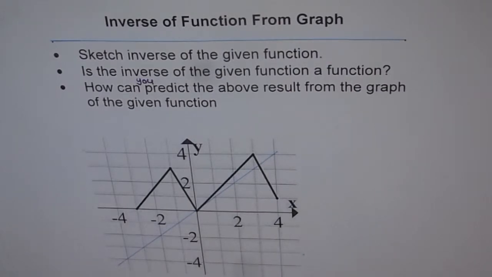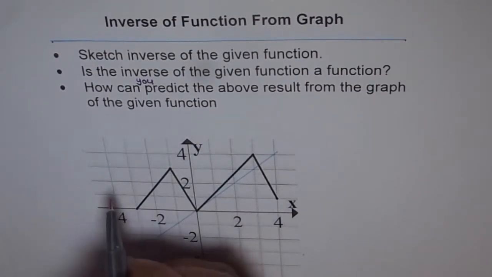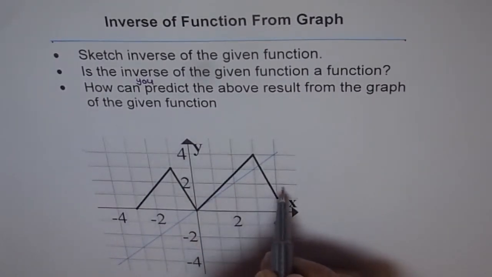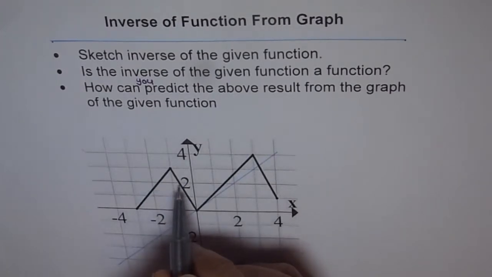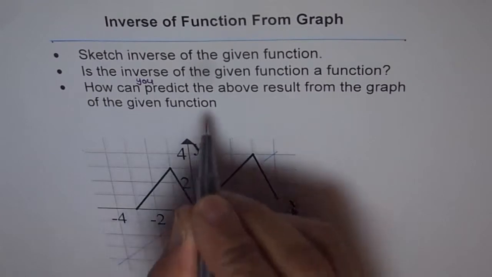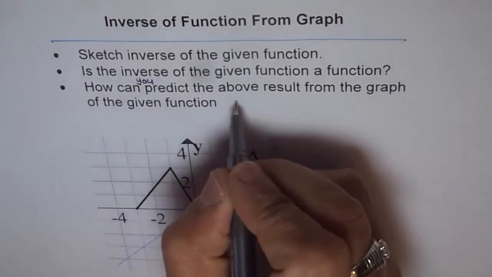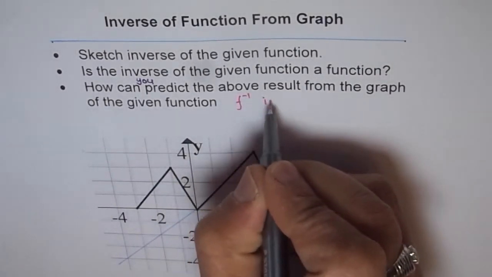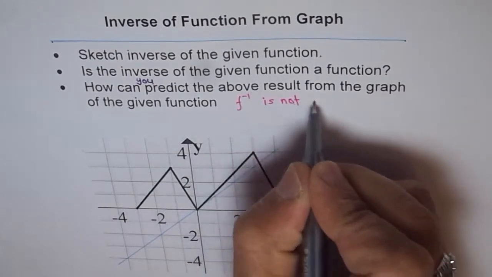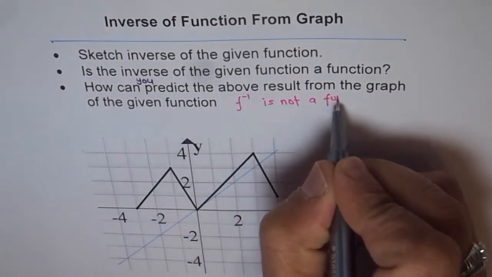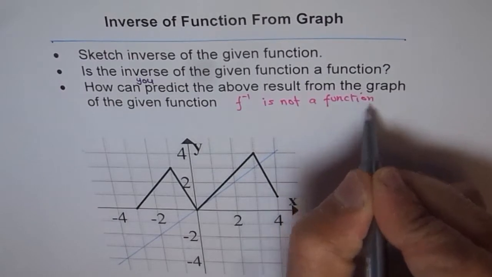Now what is the test to figure out that the inverse will be a function? The test is the horizontal line test. So if you draw a horizontal line and it strikes at more than one point, then the inverse is not a function, right? So the answer for the third one is that the inverse, that means f inverse, is not a function. And how will you predict?